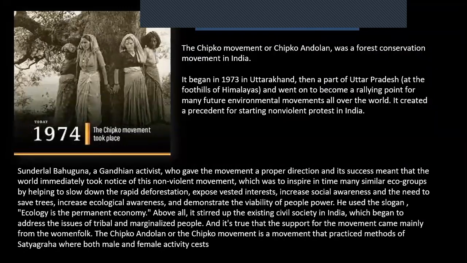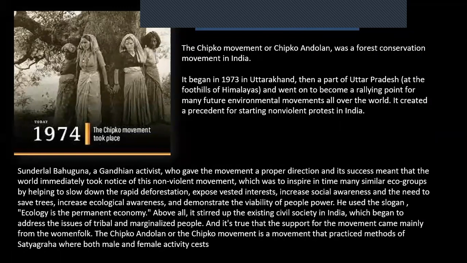which was to inspire in time many similar eco groups by helping to slow down the rapid deforestation, expose vested interests, increase social awareness and the need to save trees, increase ecological awareness, and demonstrate the viability of people power. He used the slogan, Ecology is the permanent economy.